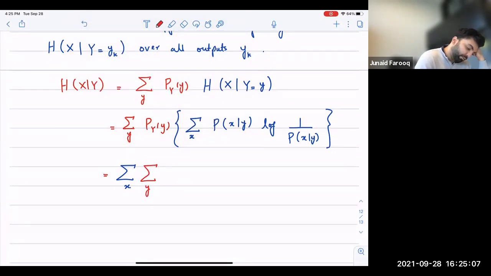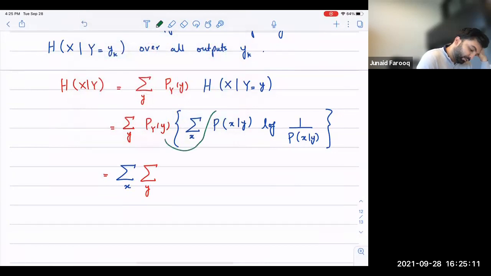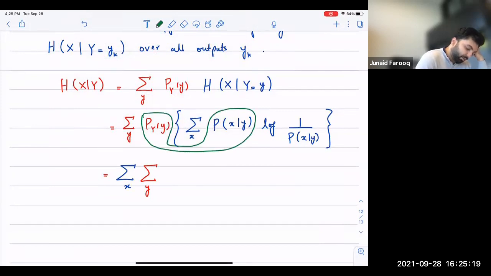You'll have these two terms, and these two terms will give you the probability of x comma y times log of 1 over p of x given y.